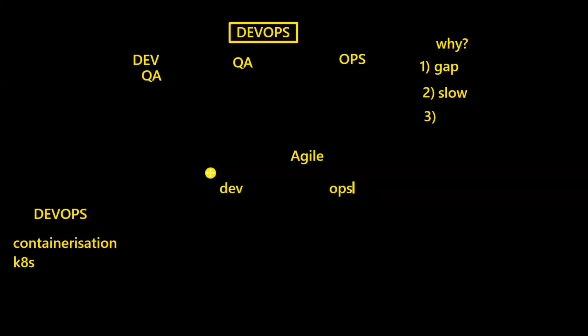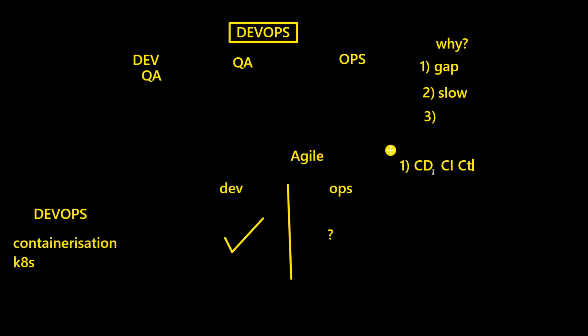The challenges of developers were all overcome by agile, but the challenges of the ops team were still there. How to overcome them? That's where DevOps came in. But before that, let's talk about how agile can overcome challenges of development, because agile implements the concept of continuous integration. So continuous development, continuous integration, and continuous testing. This is possible with agile, right?